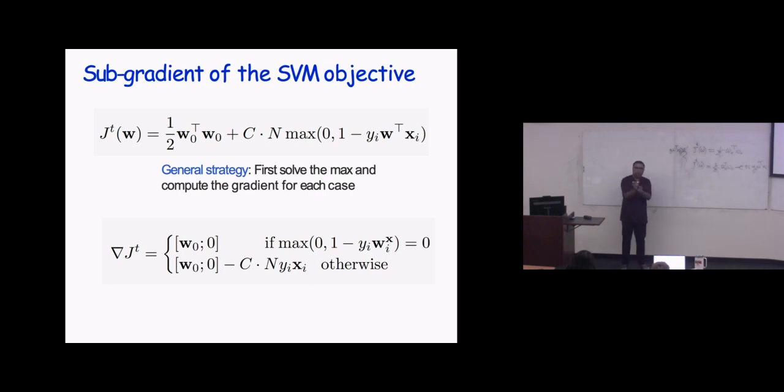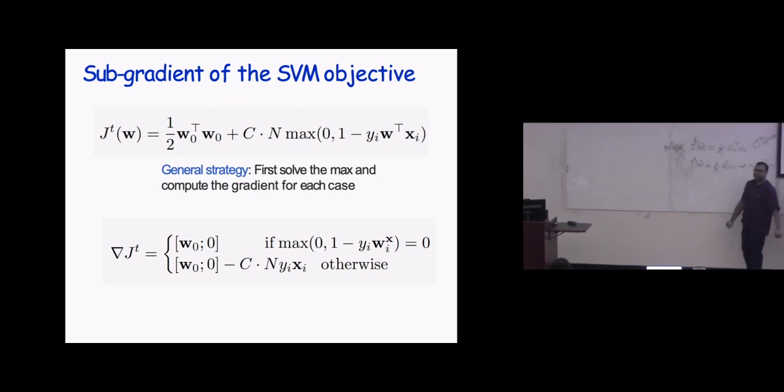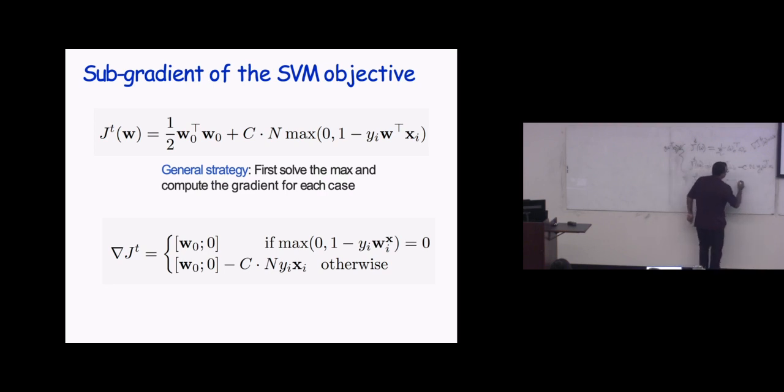Only the joint point is the problem, where it's 1. So if we compute a gradient of this, delta Jt of W is essentially W naught. And for this part, if we take a gradient, that is just C dot n, the W vanishes. This is just this.